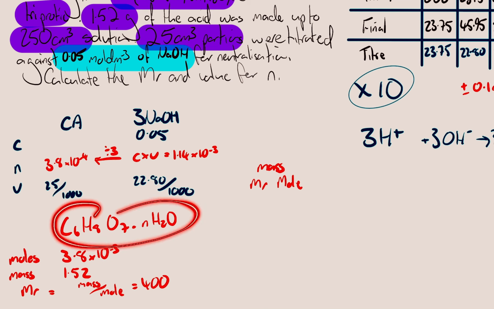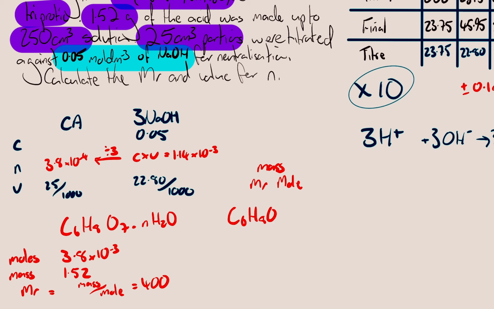We need to work out what NH2O is. So we need to subtract our Mr for C6H8O7 because we know this. We're trying to work out the ratio between these two. That's going to be, from our periodic table, 6 lots of 12 for carbon, plus 8 lots of 1 for hydrogen, plus 7 lots of 16 from oxygen.